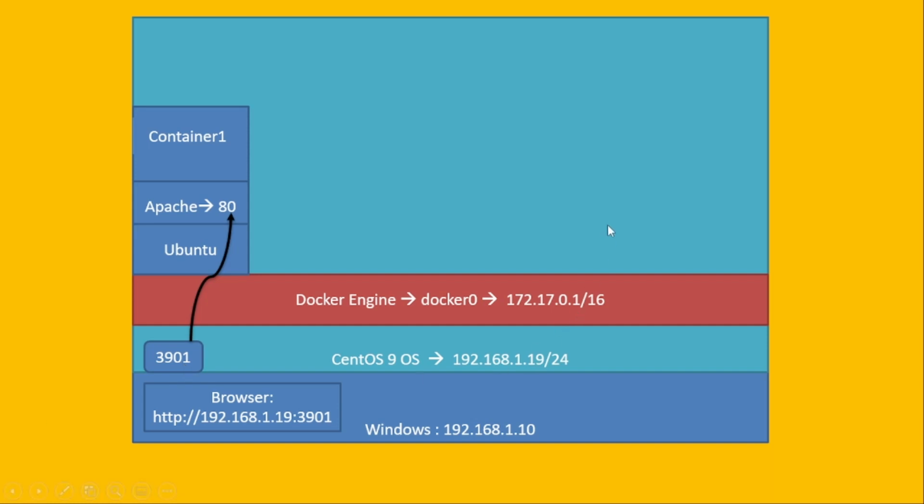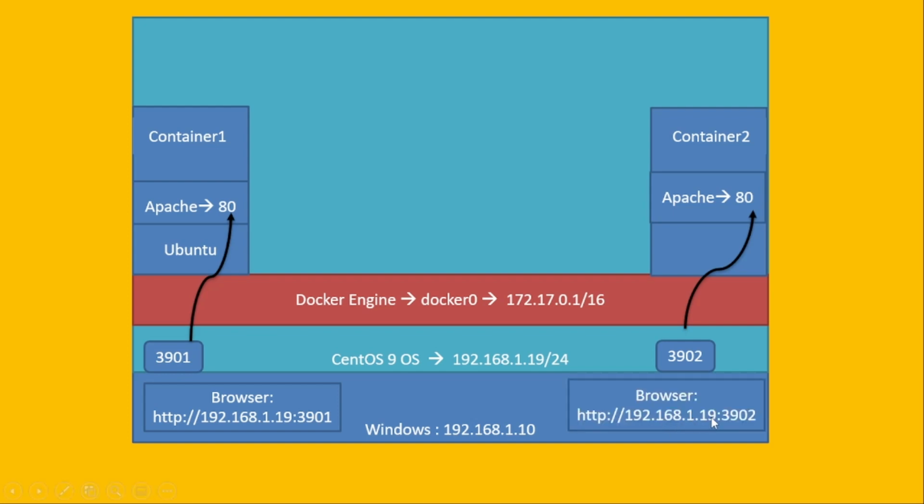Same for container 2, and it is bound to port number 3902. Before assigning the port number, it is good to test if this port is already used or not. So here 1.19, the same IP address of my VM, followed by a different port number 3902.